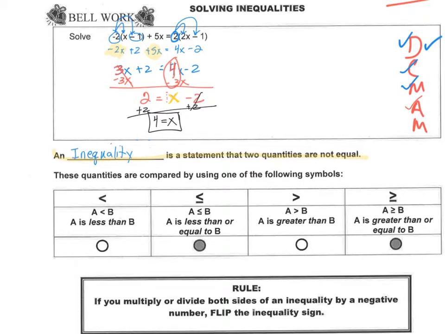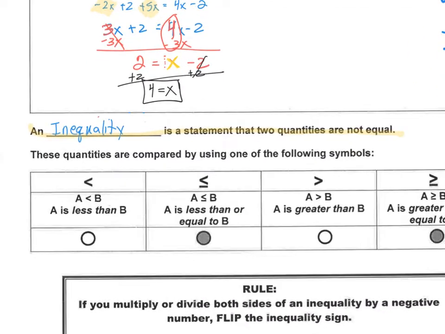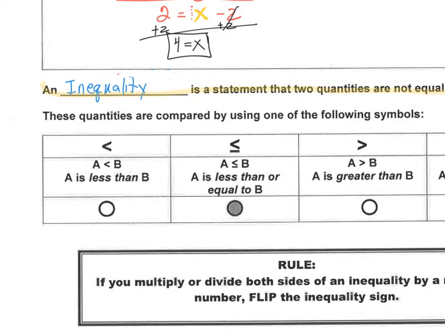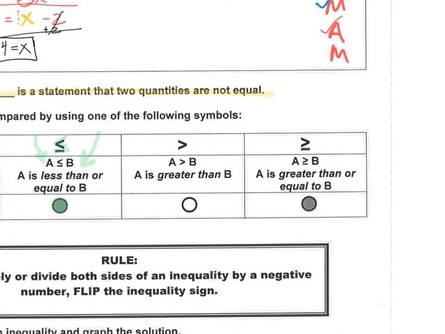That's what "in" means, not equal, okay? And so we have several options here. We have less than. If we have a less than, then that means whatever is on the left is less than what's on the right, and we use an open circle. If it's less than or equal to, it means whatever is on the left is less than or equal to whatever is on the right, and we use a filled in circle.